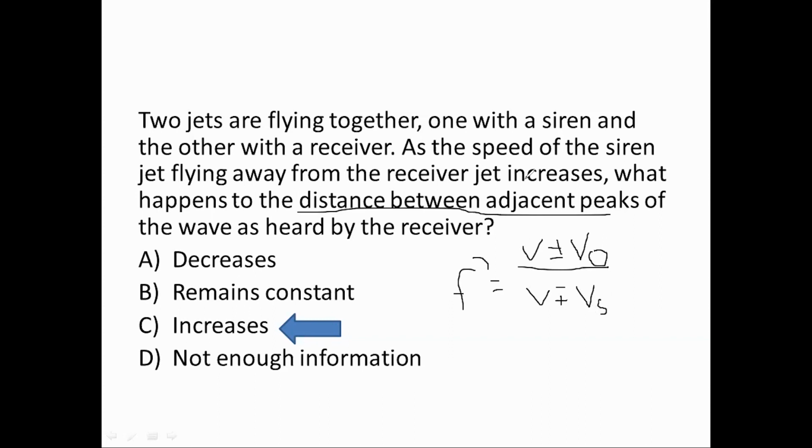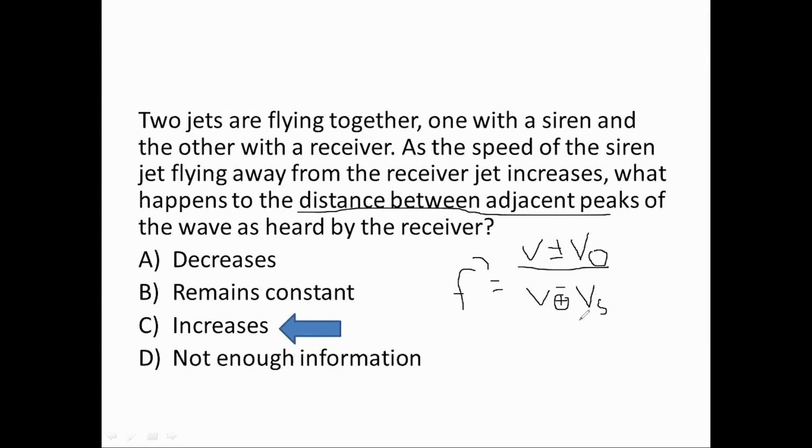As the speed of the siren jet flying away from the receiver jet increases, so the speed of the source is increasing away. Away means the bottom, so we're using the plus sign, right?